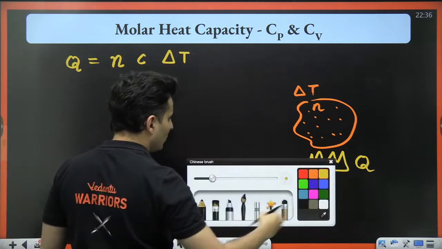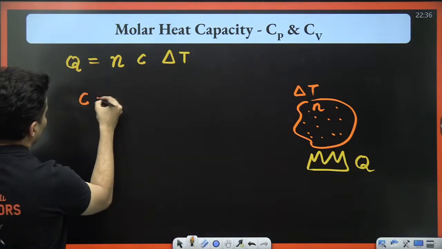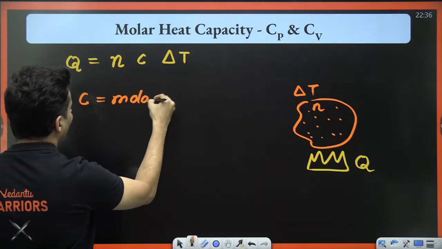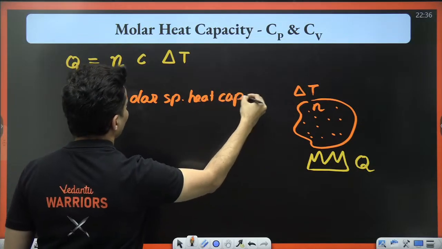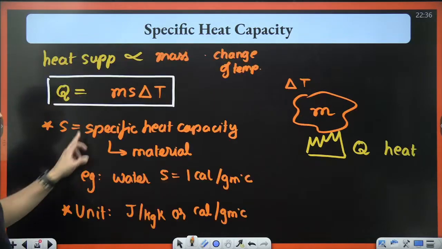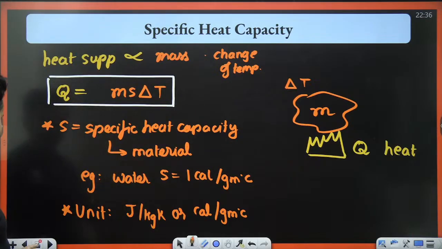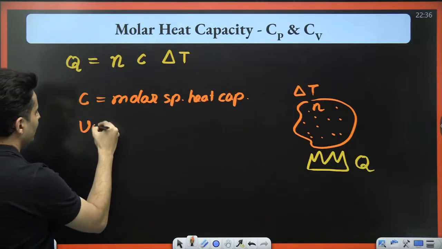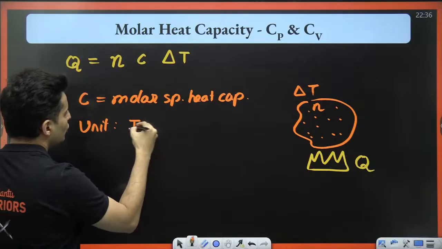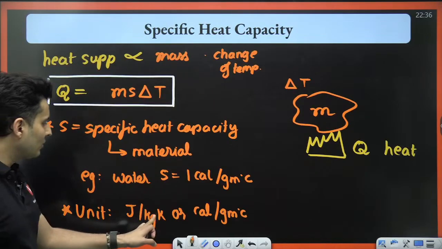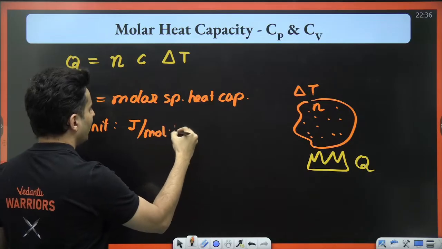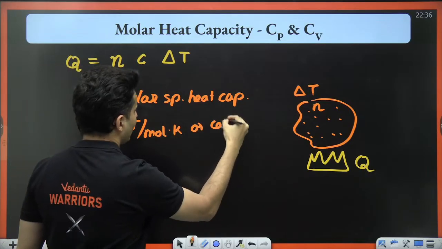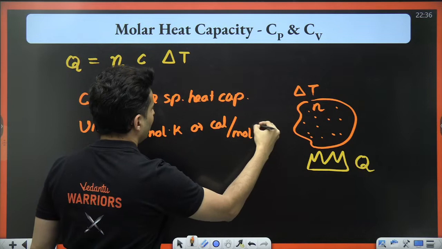This C that you see over here is molar specific heat capacity. This is just specific heat capacity. Here the units will be joule per, just like this was per kg or per gram, here it will be per mole per Kelvin, or you can also use calories per mole per degree centigrade.